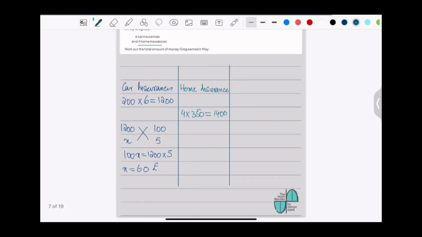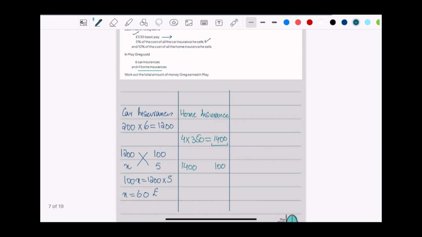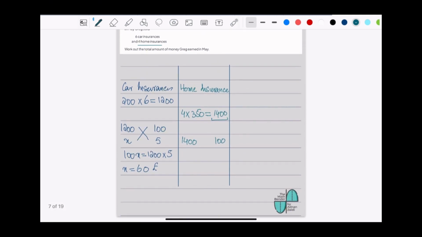This is the amount of money the company earned. So 1400 is 100%, the total amount, out of which 10% is what he's going to get. So 10% is x. If you figure it out the same way, x turns out to be 140 pounds.